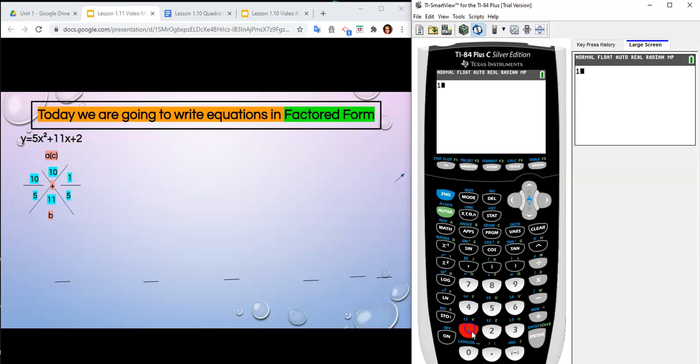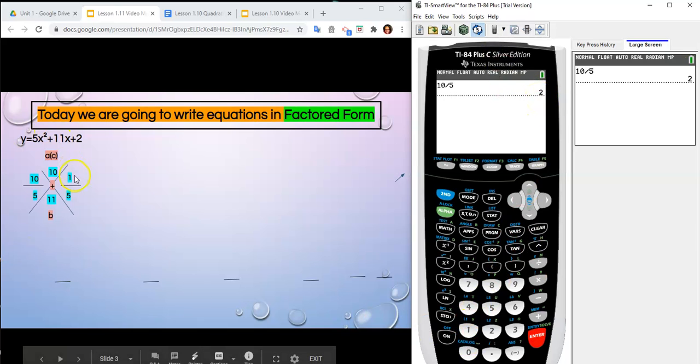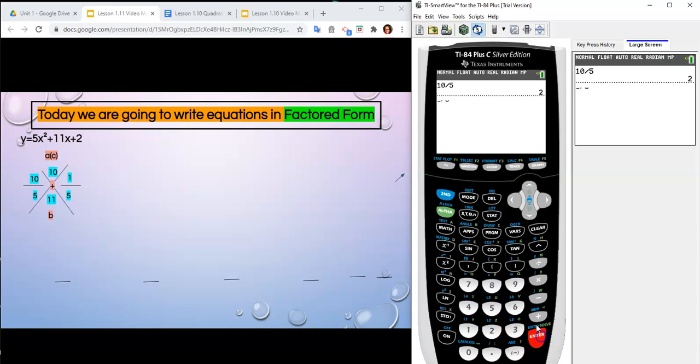So I'm going to put 10 divided by 5, and that's going to give me 2. And then also I'm going to do this so that you guys can see. I'm going to do 1 divided by 5, and I get this decimal number here.